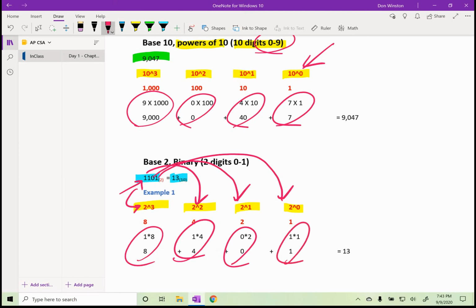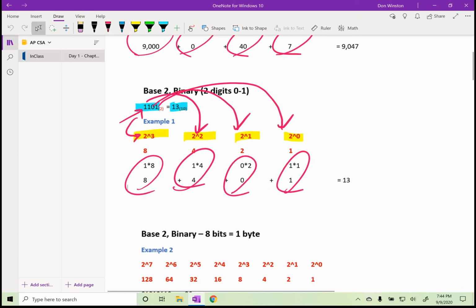So 1101 base 2 is 13 base 10. 8 plus 4 plus 1 is equal to 13. The procedure is the same, except we have fewer numbers, and we have a different base. But the algorithm is the same. Same old stuff.